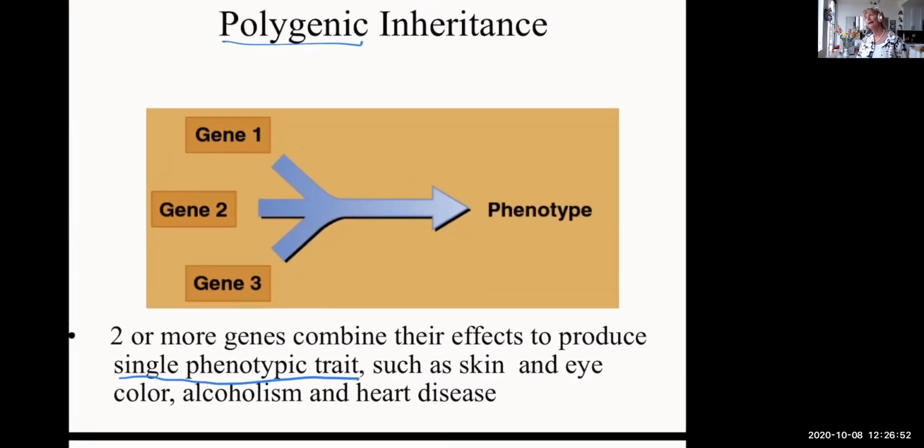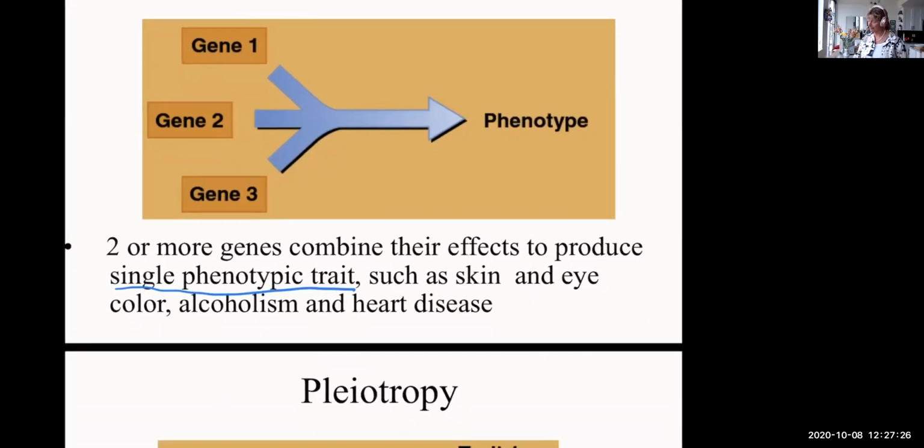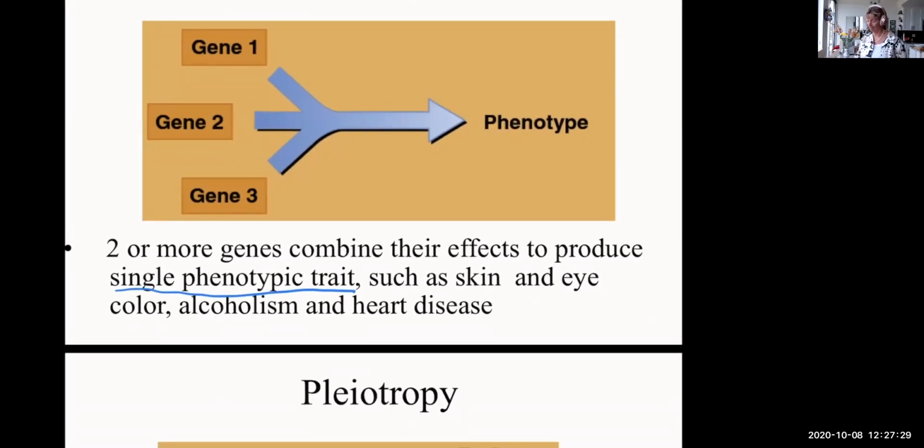And skin color has 3 genes, but interestingly with skin color, it doesn't matter which alleles are dominant or recessive. If you have all dominant alleles of these 3 types, then you will have light skin color. If you have all recessive alleles, dark skin color, might be the other way around, I'm not sure. But if you have all heterozygous alleles for all 3, then you'll have a medium skin color. So there isn't a cut and dried one or the other when it comes to skin color. It's a spectrum.